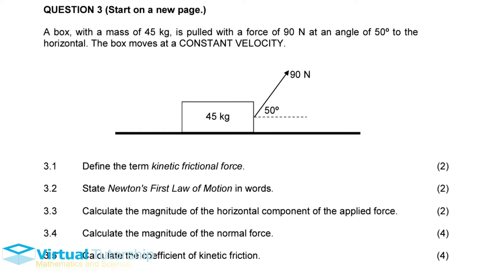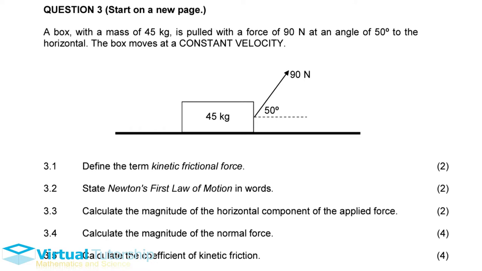So question 3 says a box with a mass of 45 kilograms is pulled with a force of 90 newtons at an angle of 50 degrees to the horizontal. The box moves at a constant velocity. So the constant velocity statement is a keyword, right? Because here we will apply only Newton's first law.